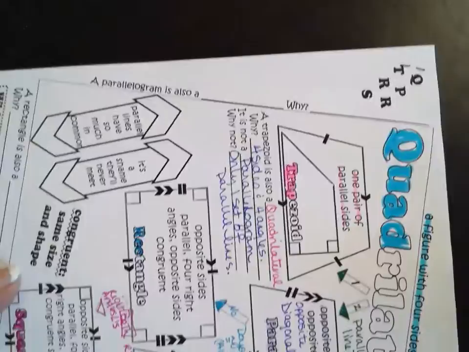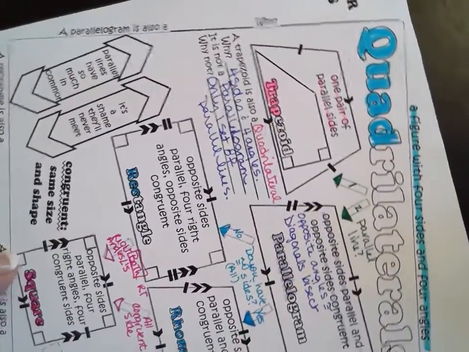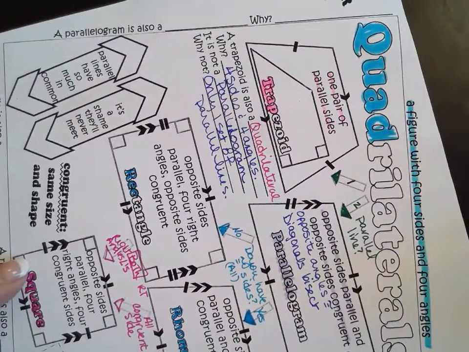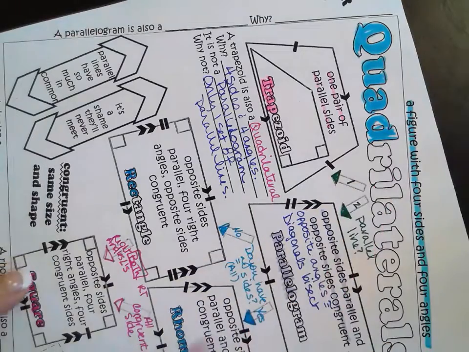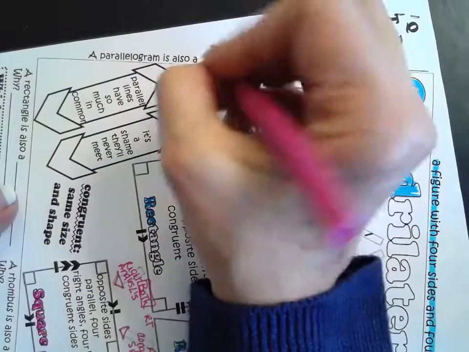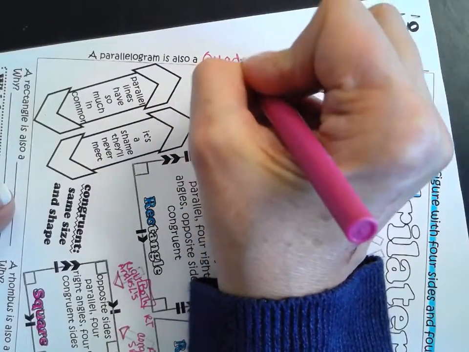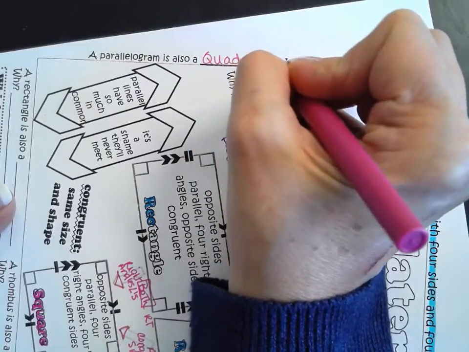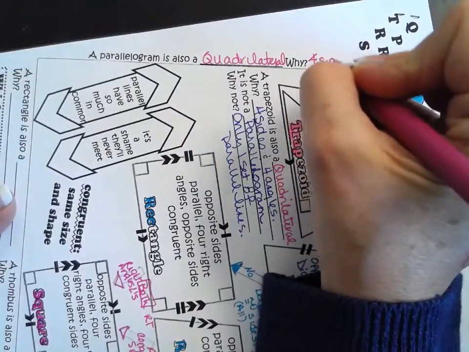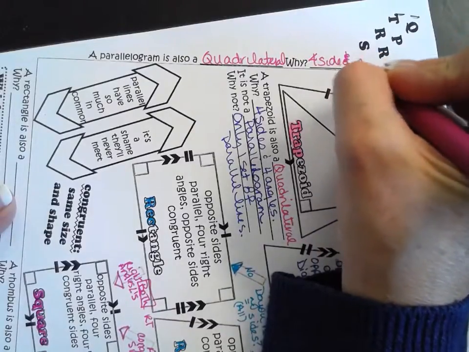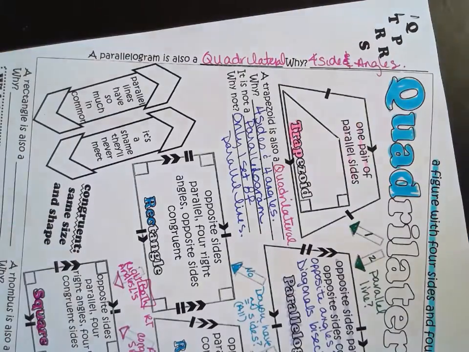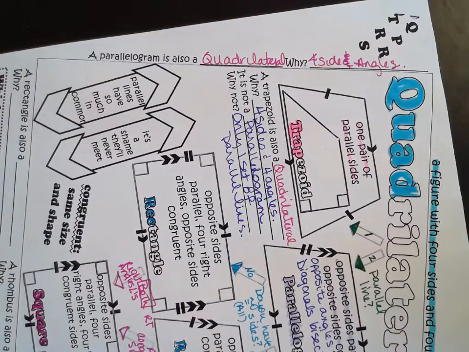Okay. A parallelogram is also a what? Go back up the flow chart. What is it also? It is also a quadrilateral because it has four sides and angles. Okay.